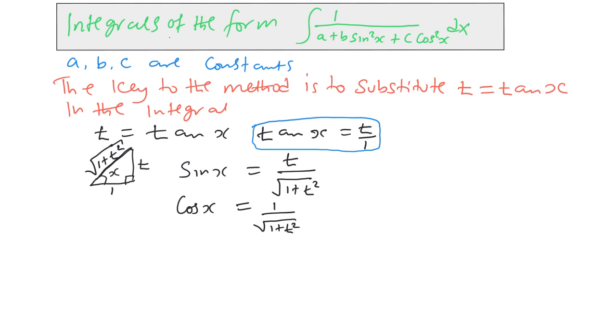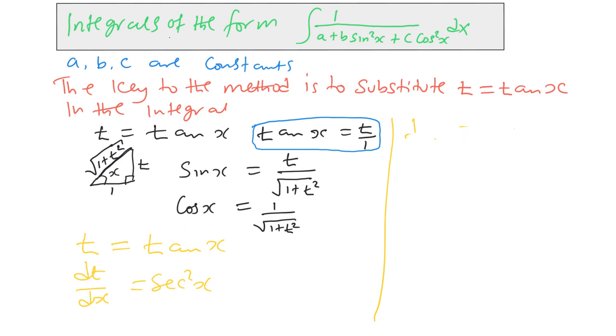It is simple. We are saying that t is tan x. Differentiate both sides, so dt by dx is sec squared x. So if dt by dx is sec squared x, then dx is dt over sec squared x. Let me change this because I'm not really writing it so well.